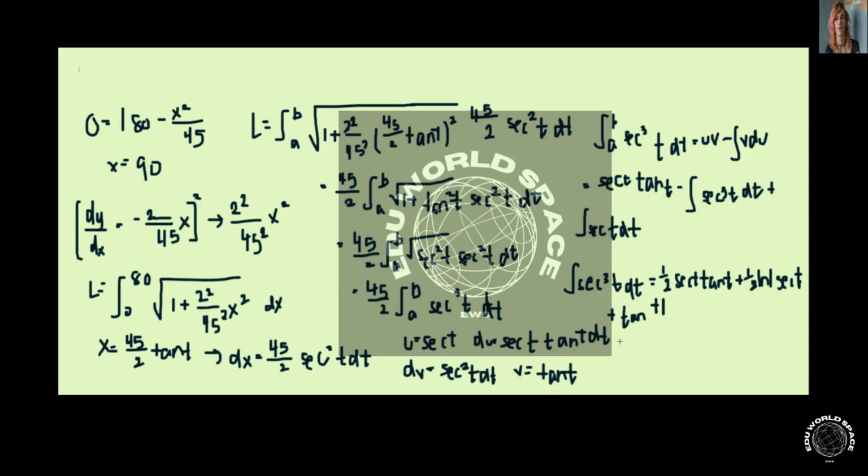And now we're going to solve for L. So we substituted x is equal to 45 over 2 tan t, which means that t is equal to arctan of 2/45 x.